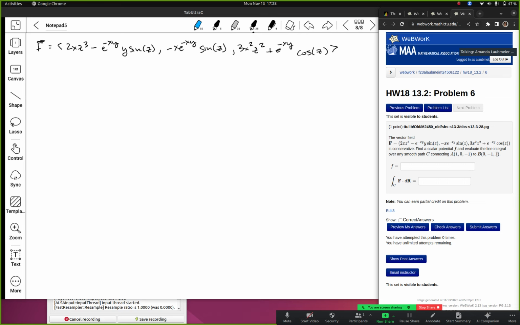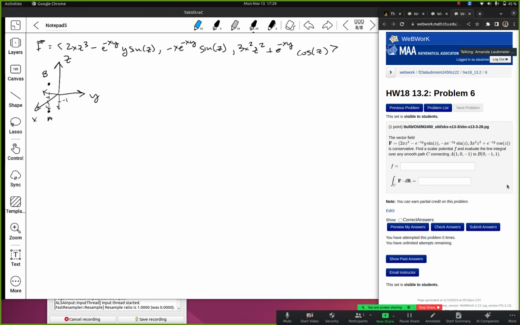And then I guess kind of to show you what they're asking you to do here, we're in 3 space, so 1, 0, minus 1, that's A, and then 0, minus 1, 1, that's B. Sorry if that's kind of hard to see.